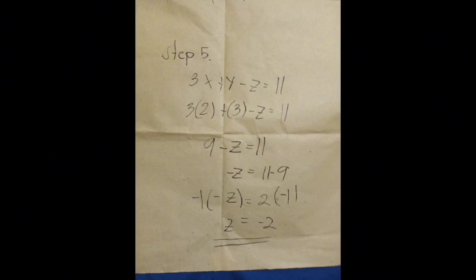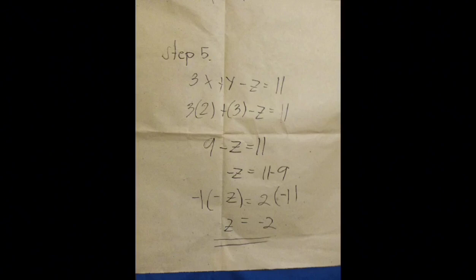And then substitute the value of x and y. So 3 times 2 plus value of y, which is 3, then minus z is equal to 11.